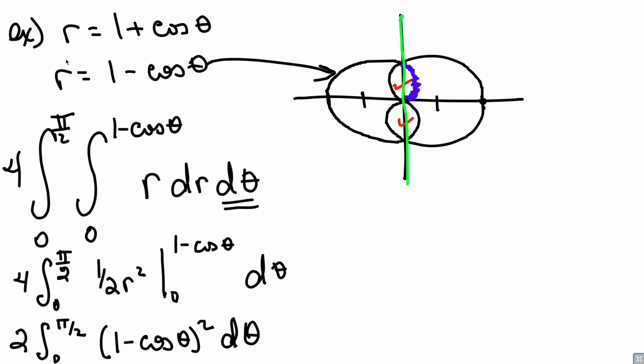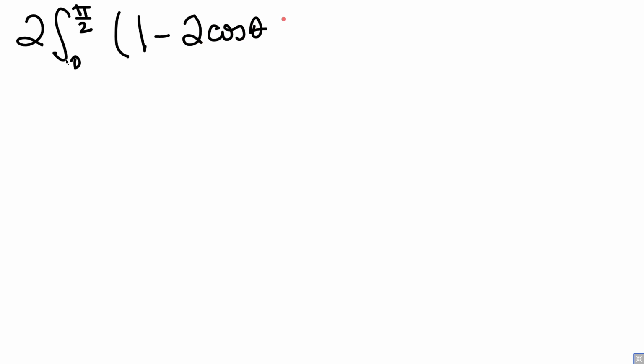So now what I'm going to do is to expand that out. What I'm going to end up with is 2 times the integral from 0 to pi over 2. If I square that, it's going to be 1 minus 2 cosine of theta plus cosine squared theta, d theta.